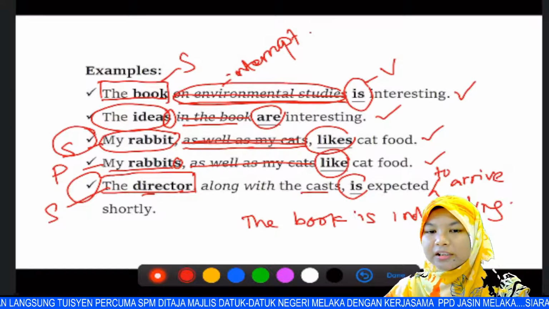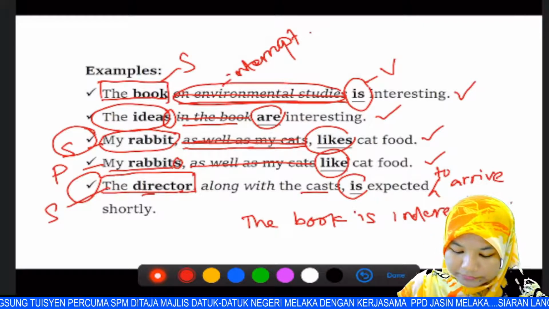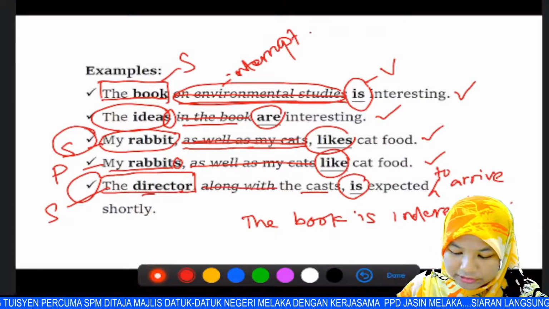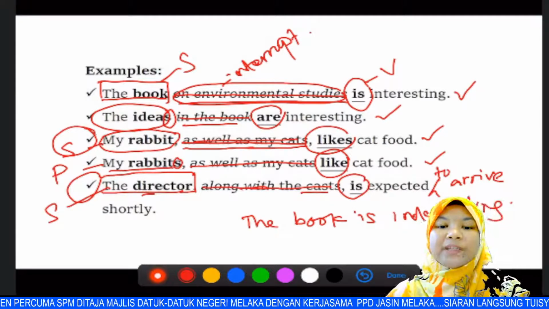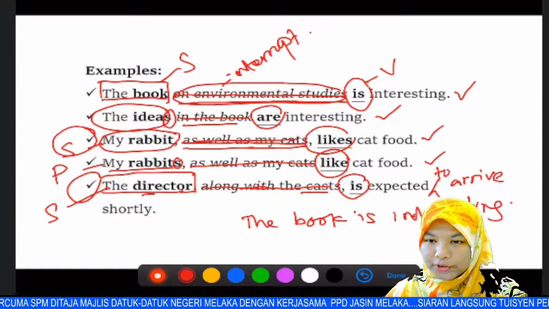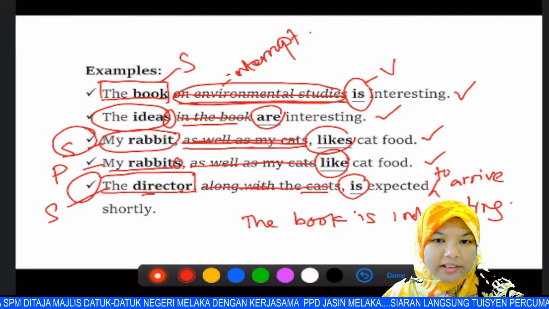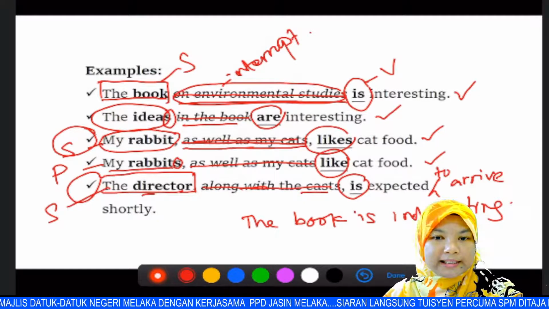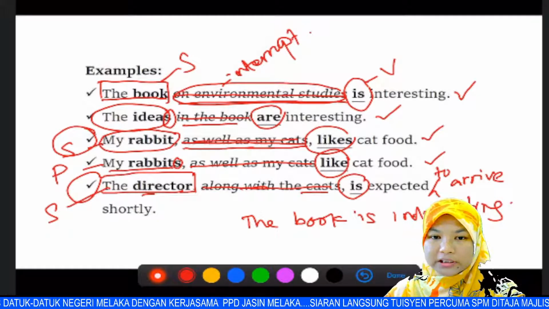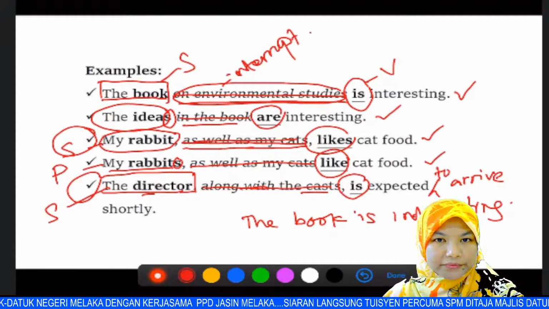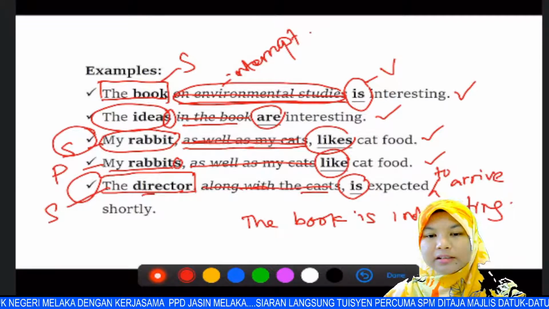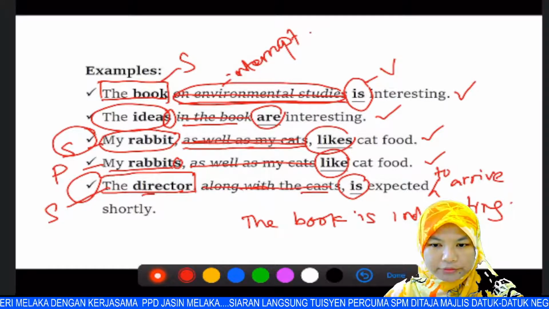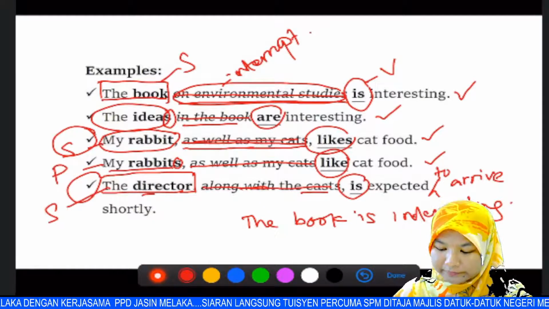You can also ignore the extra phrase. I hope so far you have no problem understanding. If you encounter any difficulty, you can write in the live chat, or if you have a question, do ask, and I'll respond.